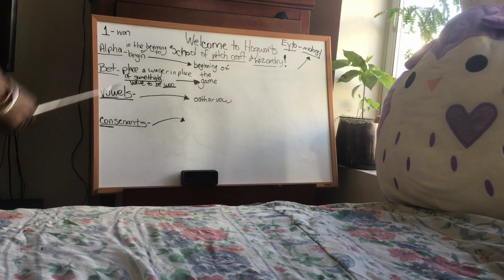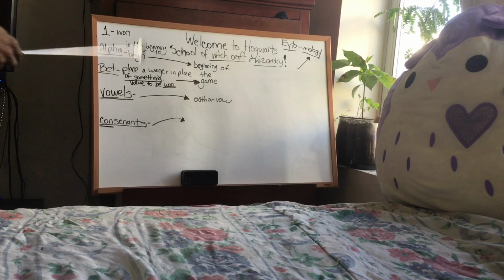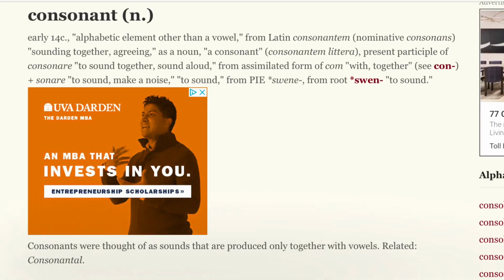Again, like taking a vow. When you get married, you say your vows to each other, it's a pledge, right? Now the word consonant means agreeing, corresponding, harmonious, sounding together, in agreement, to agree.